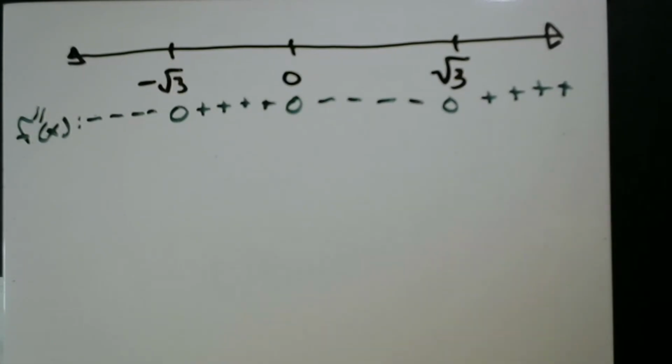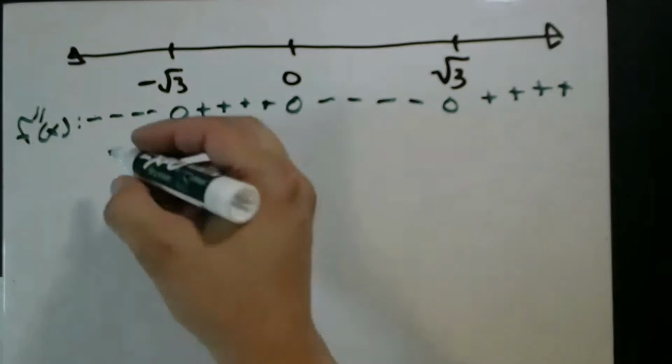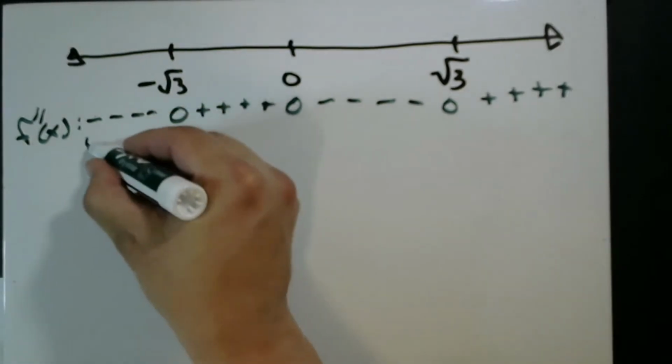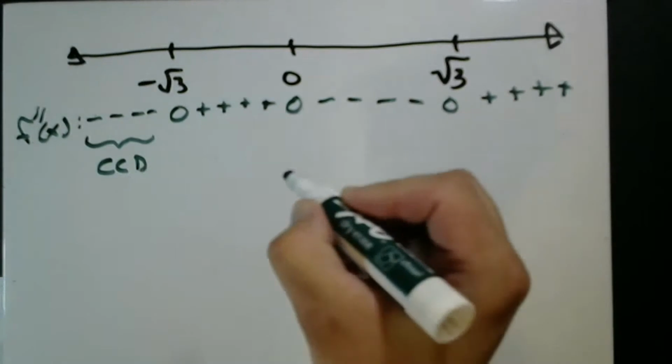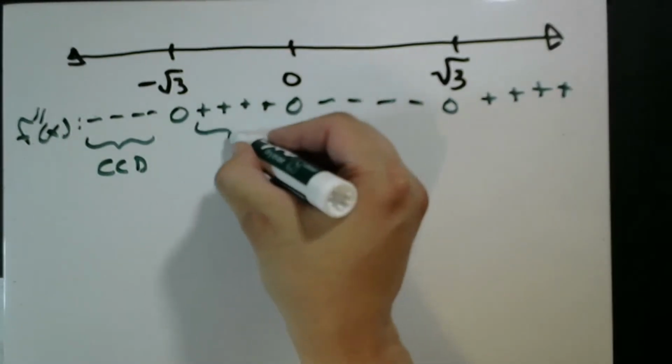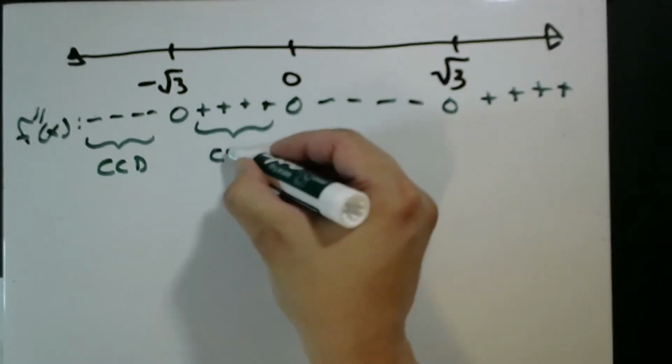So if there are concavity changes, they're going to be occurring at these inflection points. And sure enough, that's what we're going to see. When the second derivative is negative, that's concave down. When it's positive, it's concave up.